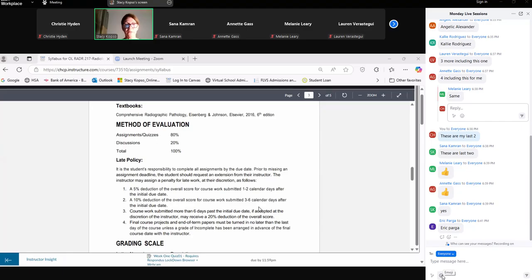I'm not a nitpicker when it comes to the discussion, as long as it's an educated post and you did your in-text citations and your referencing, and showed your knowledge, it will be fine. You don't want to end up losing points off for things like discussion because maybe the quizzes are going to be hard for you. So if that's the case, you want to gain all your points in your discussion post, okay?